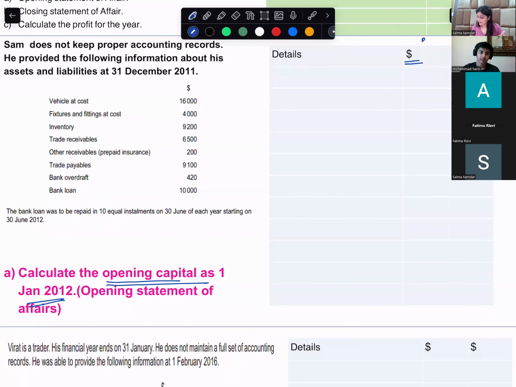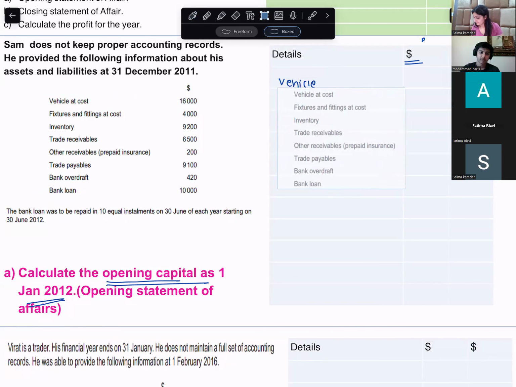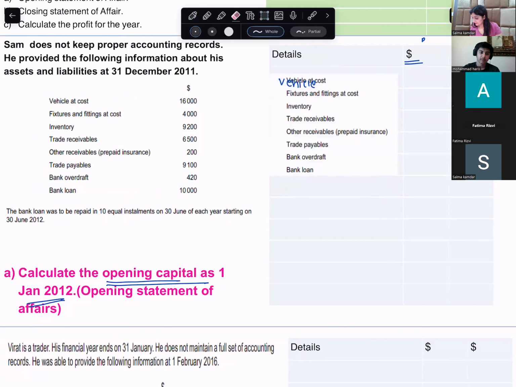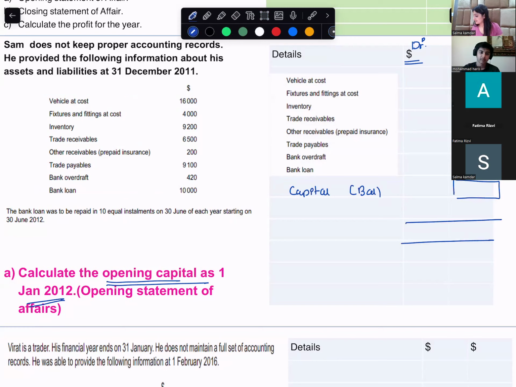So I will write all the debit minus the credit, or I can make it like a trial balance. Vehicles will be on which side? Debit side. So I can make one column debit, one column credit, and capital will come on the credit side as your balancing figure. Total of debit is always equal to total of credit. Come on, try it, then I'll help you out.